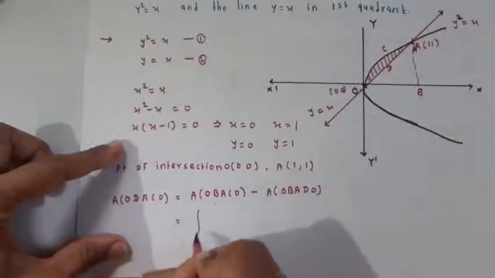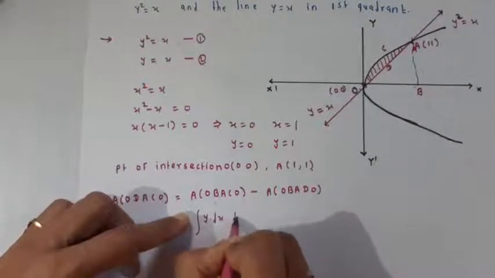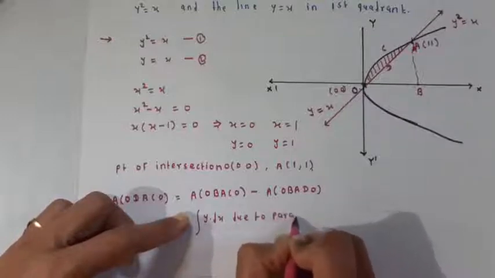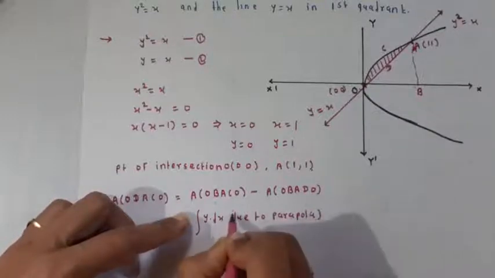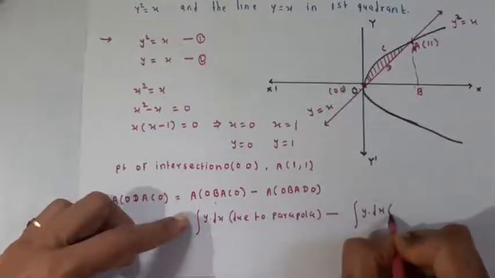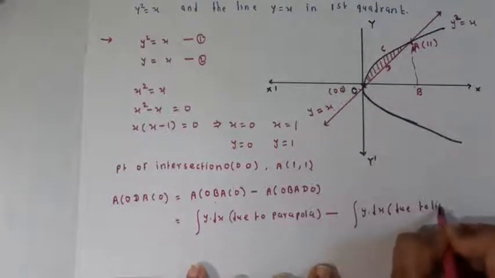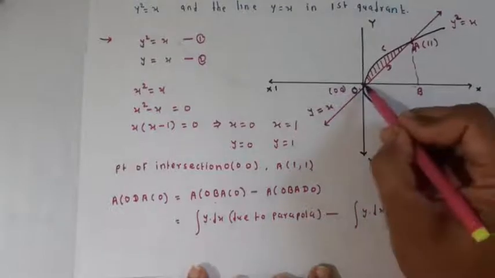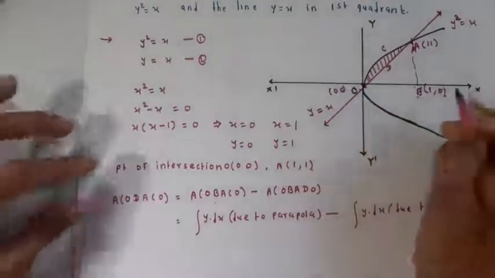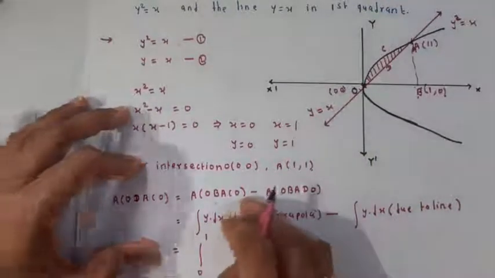This is the integration of y with respect to x due to the parabola, minus the integration of y with respect to x due to the line, and the limits of integration are the same, 0 to 1.